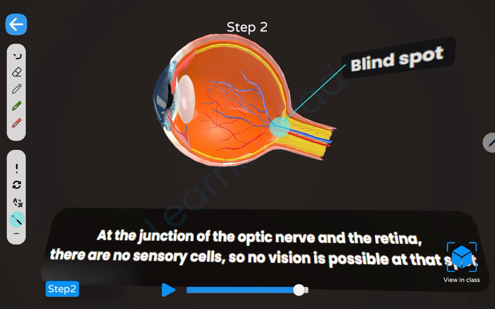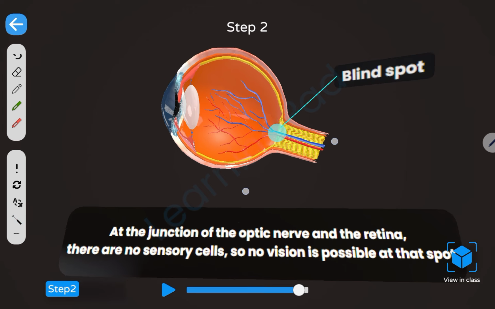As we do not have any sensory cells over there, is there any vision possible? Sensory cells are the ones which carry signals to the brain through the optic nerve. So as there are no sensory cells, there is no vision possible at that spot, and hence that spot is known as the blind spot.